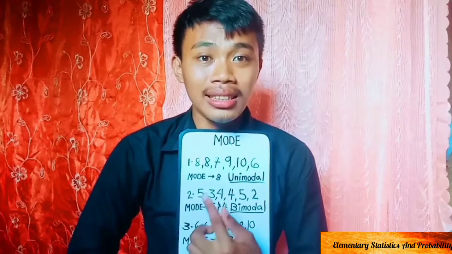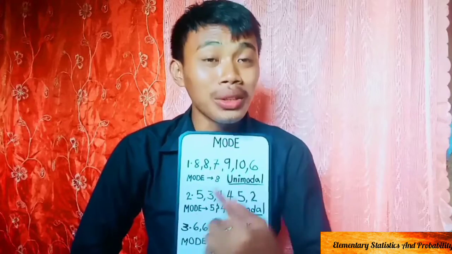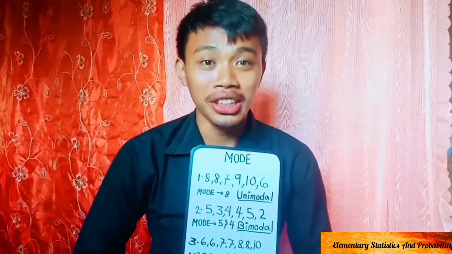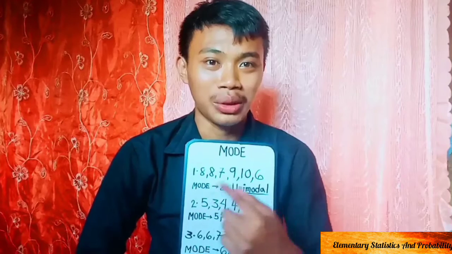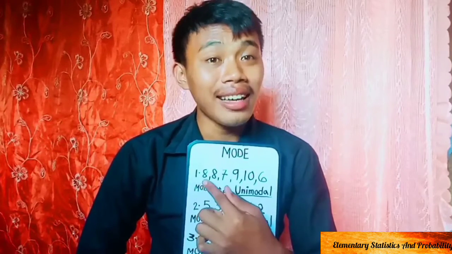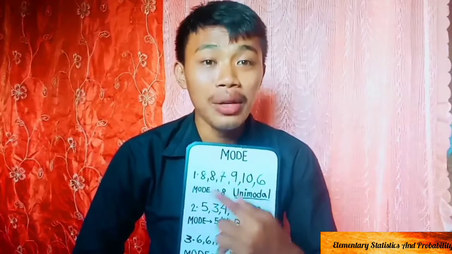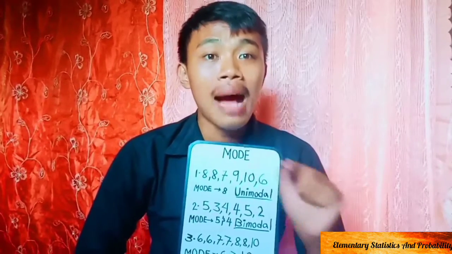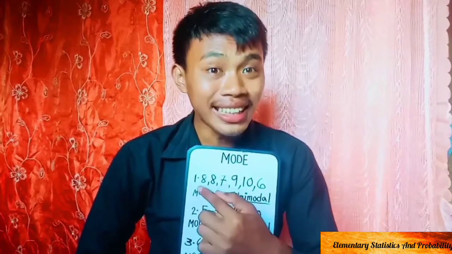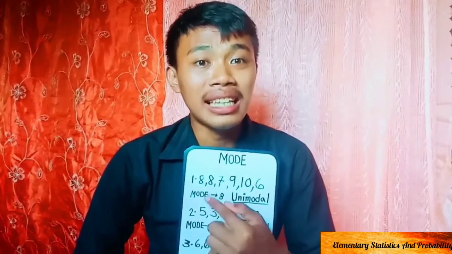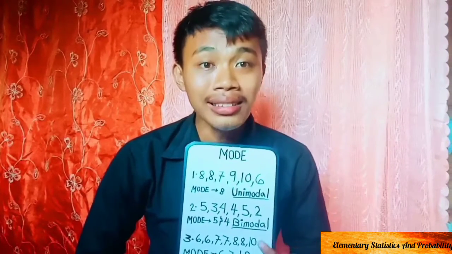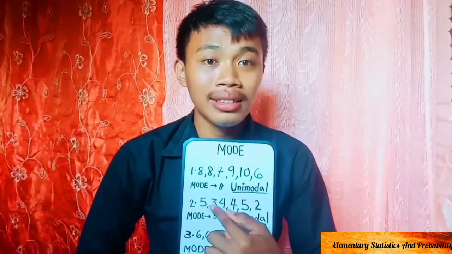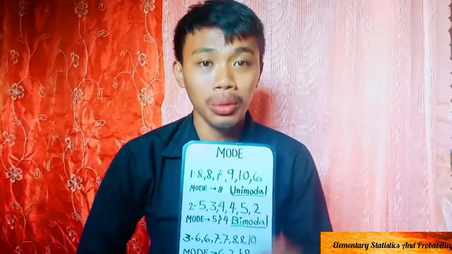We have 8, 8, 7, 9, 10, and 6. These are my scores in my short quizzes in my subject, in English, back in high school. So, since 8 is repeated, it is automatically our mode. That is how easy it is to define the mode. Whichever number repeats is our mode. So, since we have only one mode, it is called unimodal. Again, unimodal.